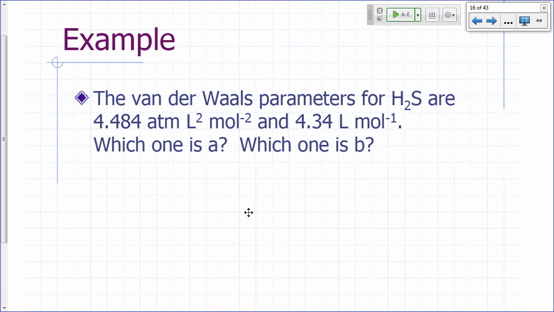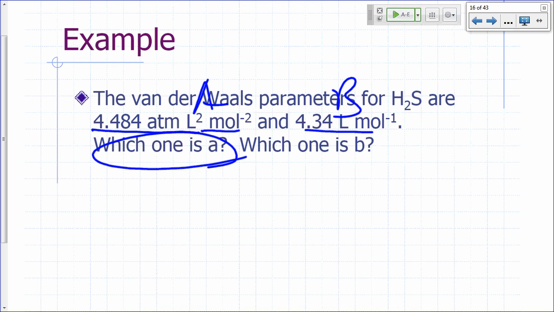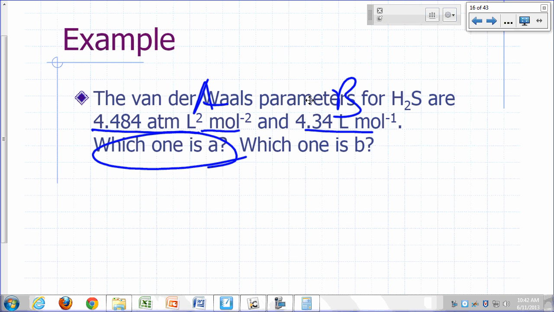The van der Waals parameters for H2S are 4.484 atmosphere liters squared per mole squared and 4.34 liters per mole. Which one is A? Which one is B? Go by the unit.